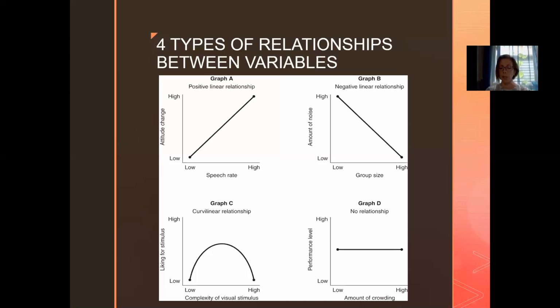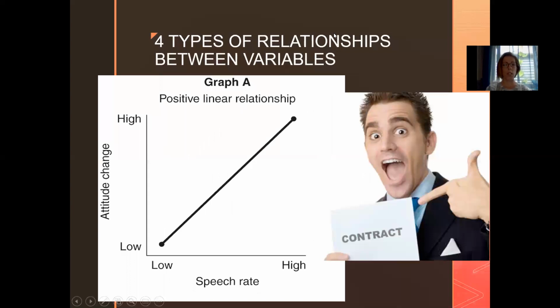The last graph D, again, be careful with this here, because it looks like a line, it looks like a linear relationship. This is actually indicating that there is no relationship here in graph D. So again, the relationship between attitude change and speech rate. Did you know that if I speak really fast, you are likely to agree with me more?